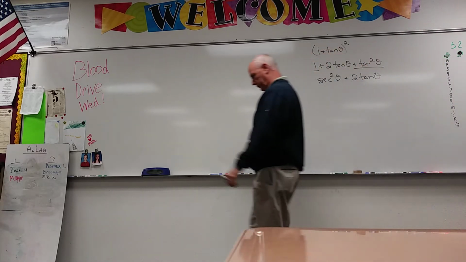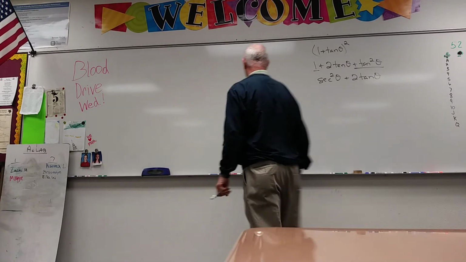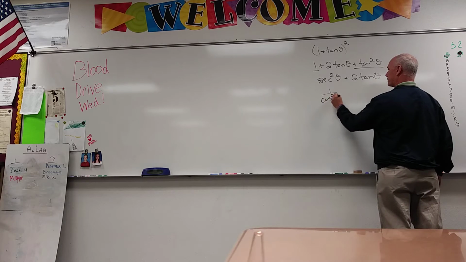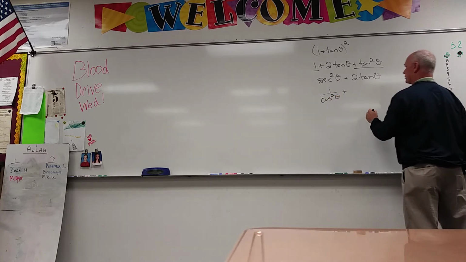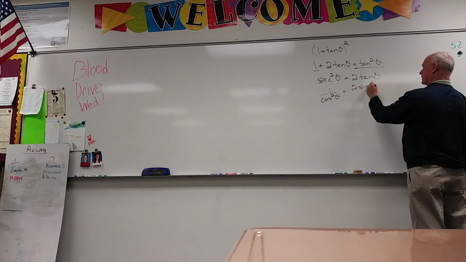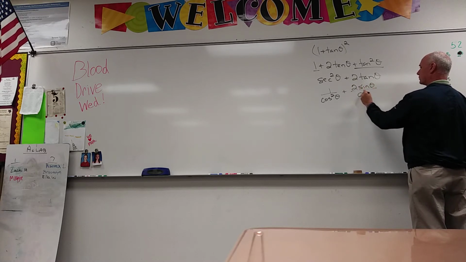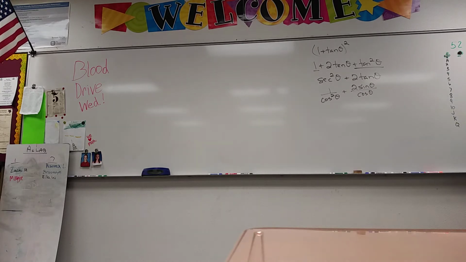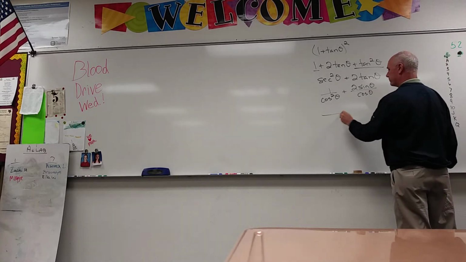So 1 over cosine squared of theta plus 2 sine of theta over cosine of theta. I would get a common denominator now. I don't like 2 fractions. It's not simple enough. Cosine squared of theta, I would agree.